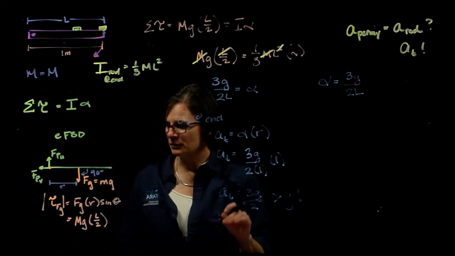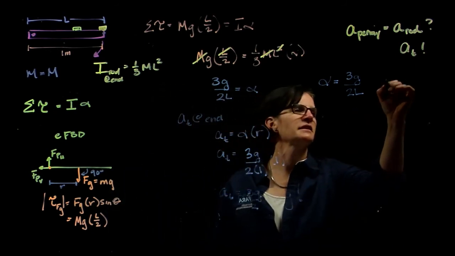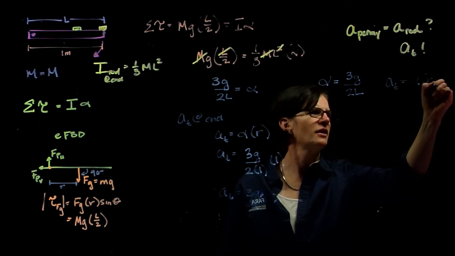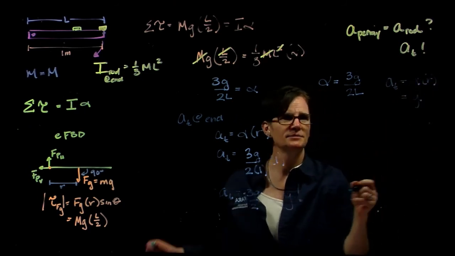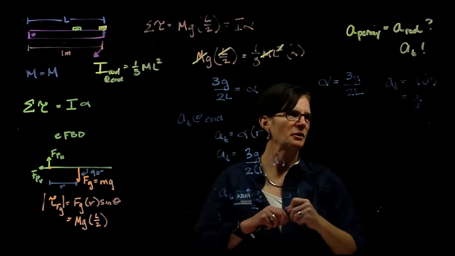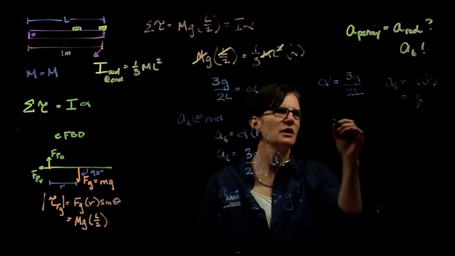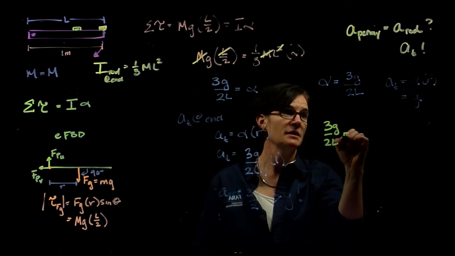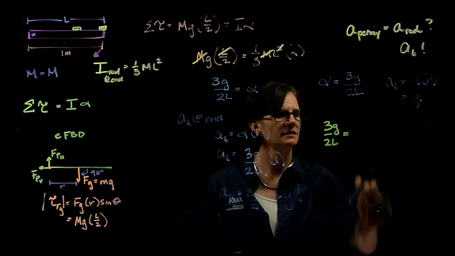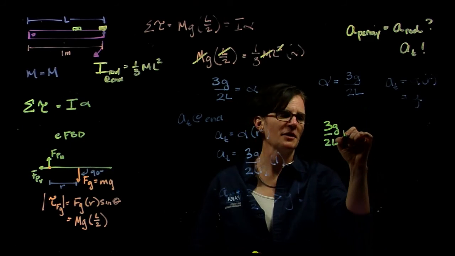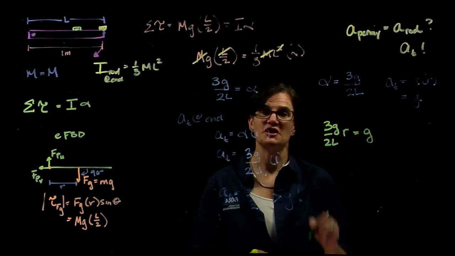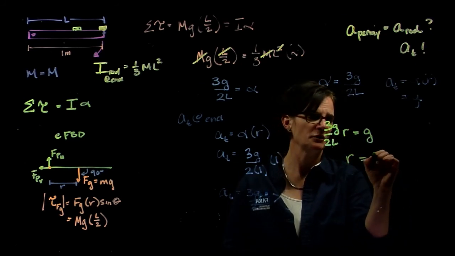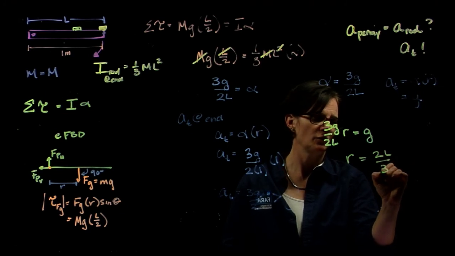If we want the tangential acceleration, which is alpha times r, to equal g, then we need 3g over 2L times r equal to g. Solving for r, we get r is equal to 2L over 3.